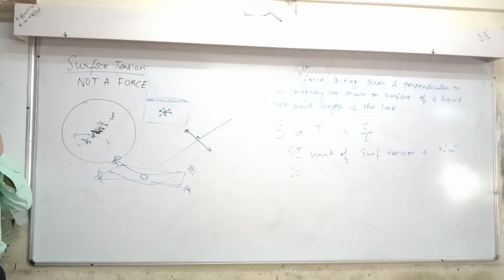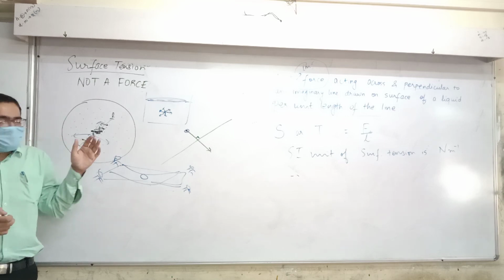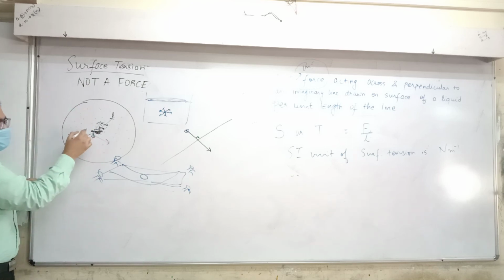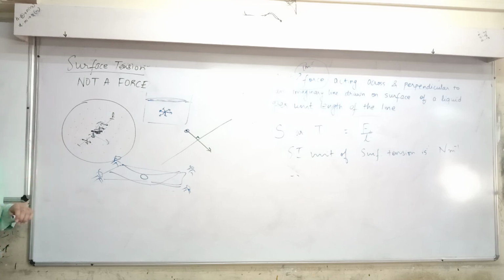Same thing happens with surface tension. Let's say this is a water surface. When a mosquito comes over here and tries to sit on it, have you ever noticed that mosquitoes can sit on the water surface? In fact, it is essential for their reproduction.